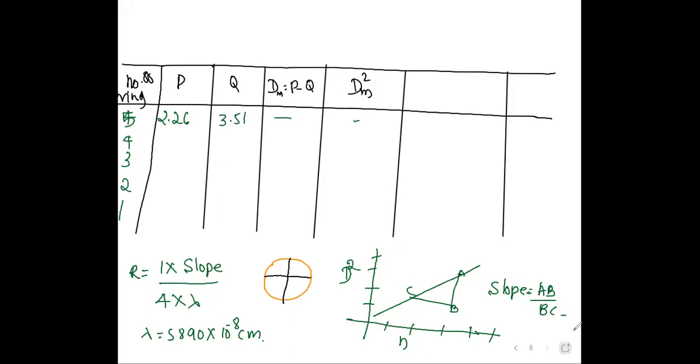After that you have to calculate the error. So in the manual there is a formula for error calculation also. That is percentage deviation, which is equal to mod of RS minus RE divided by RS into 100.